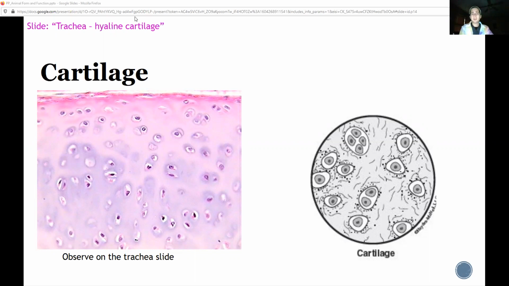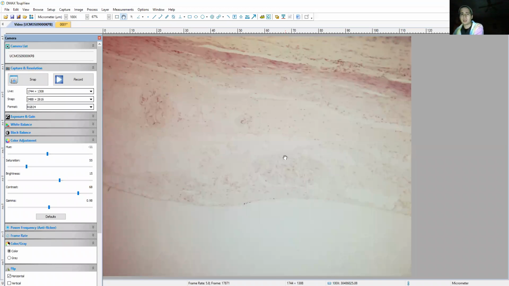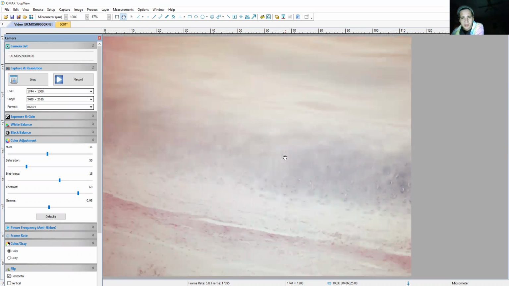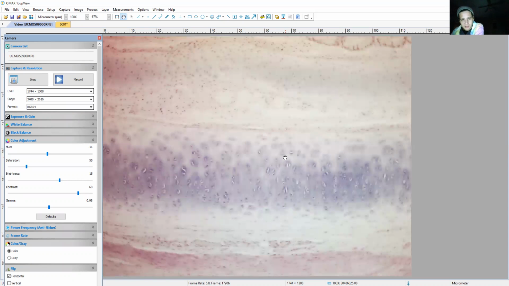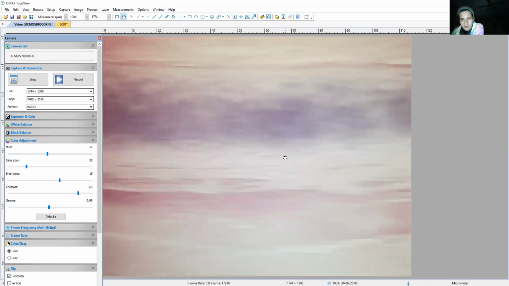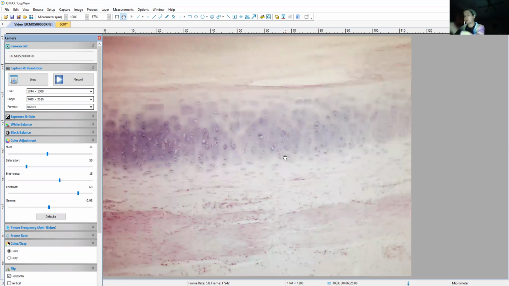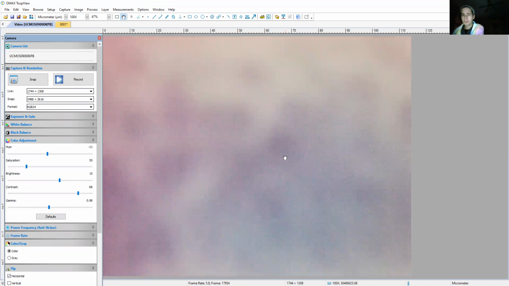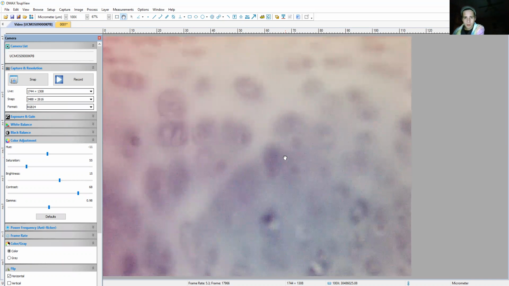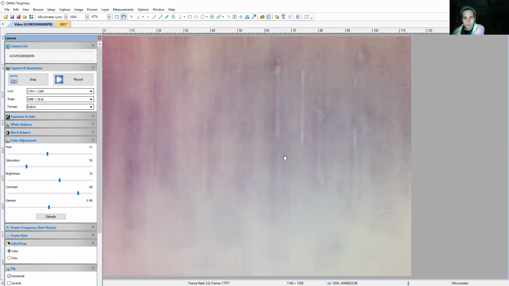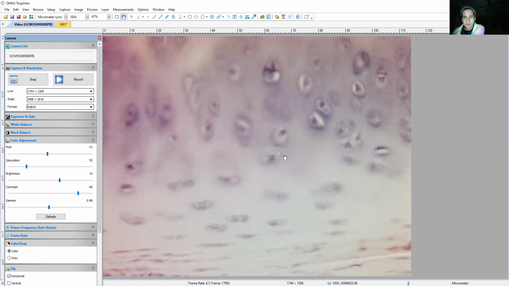So let's go back to our microscope view. So if we scroll up a little bit, we can see right there, this is exactly what we are seeing in our photo, that middle band. So let's zoom in on that. So this is our cartilage.